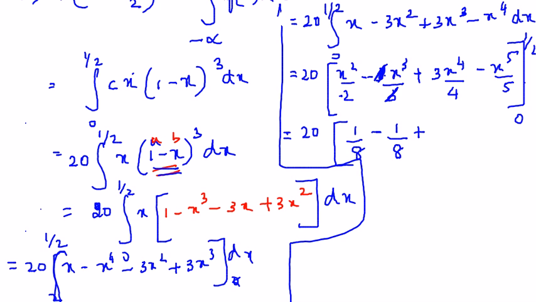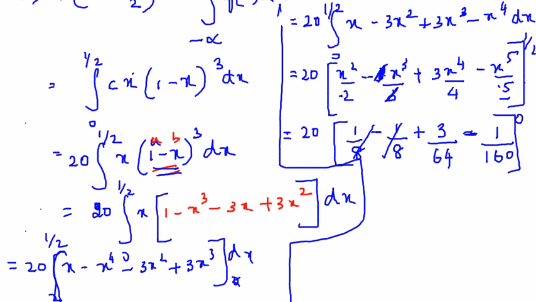So 16 into 4 is going to be 64. So the 3 remains on top. So it's 3 by 64 and x power 5. So 1 by 2 to the whole power 5 is 1 by 32. 1 by 32 into 1 by 5, because you have a 5 here in the denominator, is going to be 1 by 160. So 32 into 5 gives you 160. Good. So these two can get cancelled straight away.